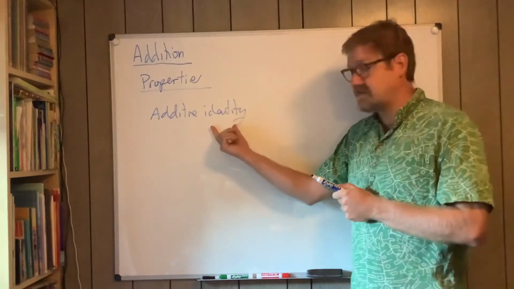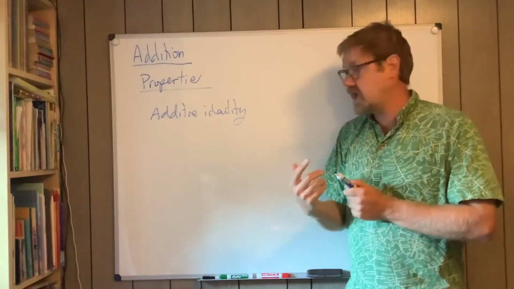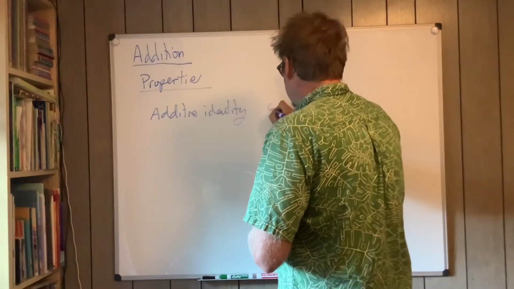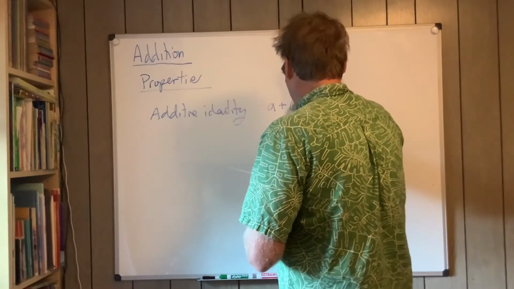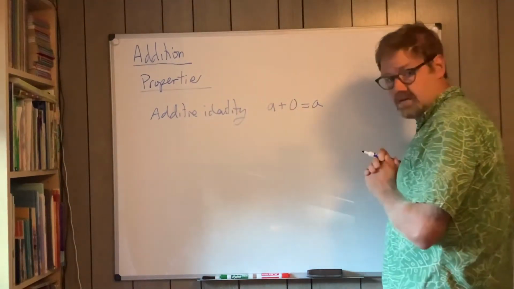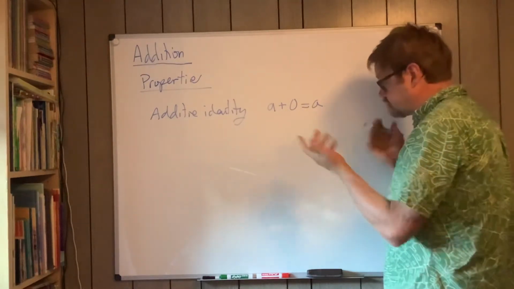So the additive identity property is: if I add something to something and I haven't changed it, what is it? I'm going to write this down in terms of a little bit of algebra here. A is some number. So A plus 0 is A.